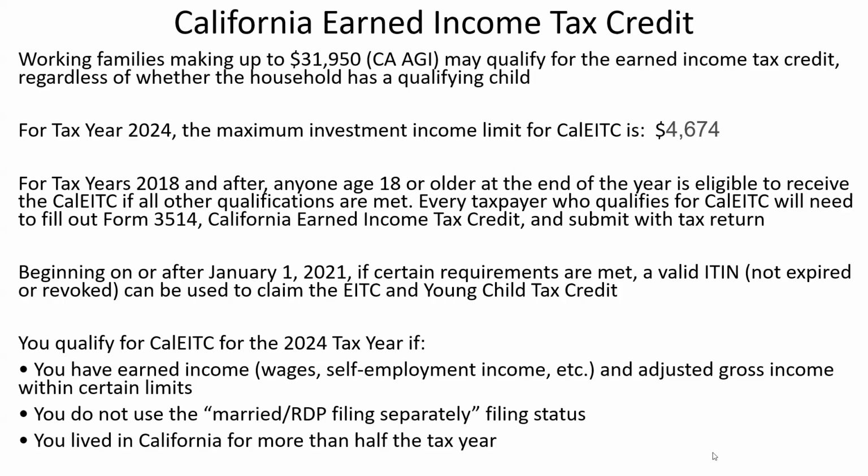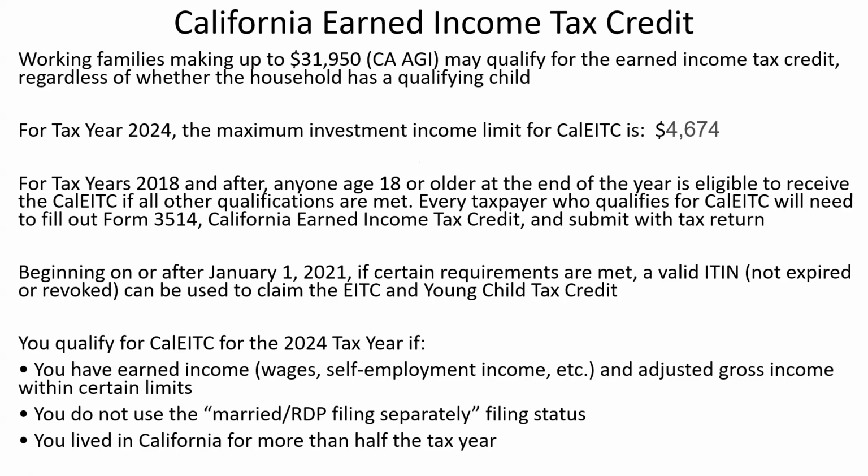This is something you don't bump into very often, but when you do, you might get the question. It's called the maximum investment income limit. And so if you've got some type of capital gains or what is called portfolio income, interest and dividends, unearned income, if you will, and if that investment income amount is over that $4,674, that means even though the individual would have been eligible for EITC, they're not going to get it.